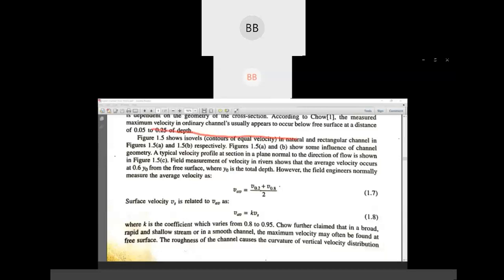suppose this is a top view of the river. We consider one section, and then we consider another section. We measure the distance between the two. Then we use a piece of paper.